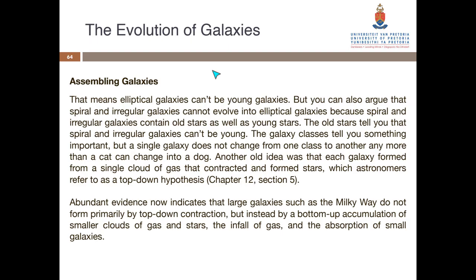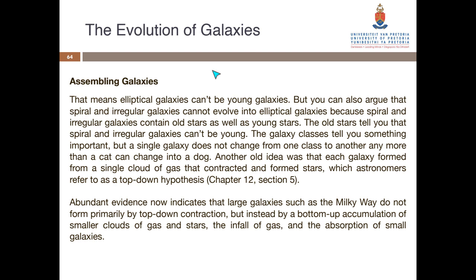The center of each galaxy contains a supermassive black hole. But sometimes those black holes are dormant and there's no matter falling into them. In other cases, the black hole is very active and a lot of matter is falling into it.